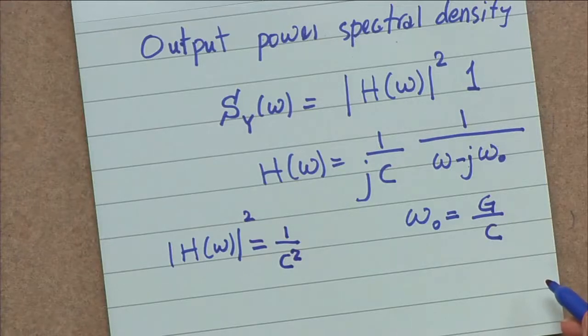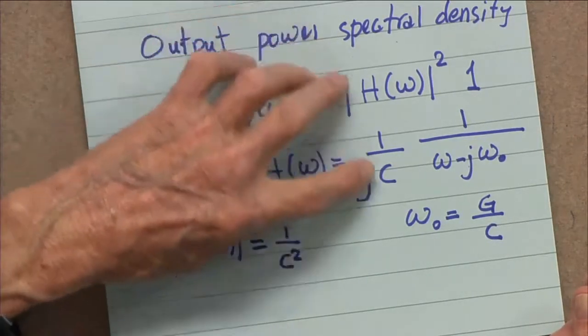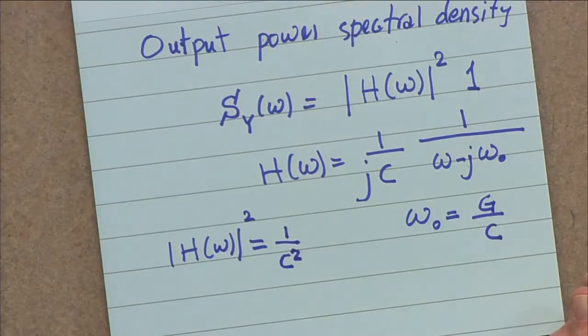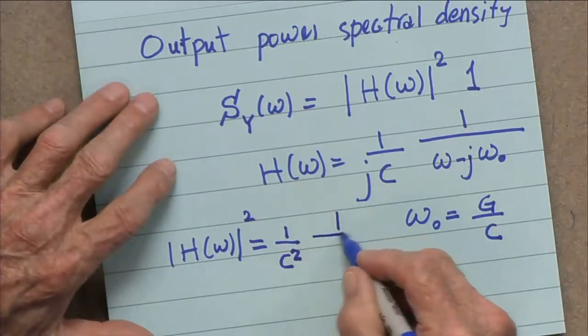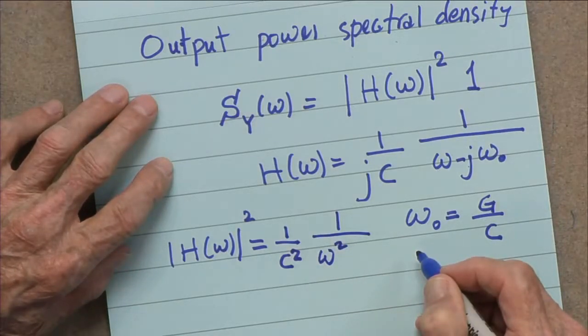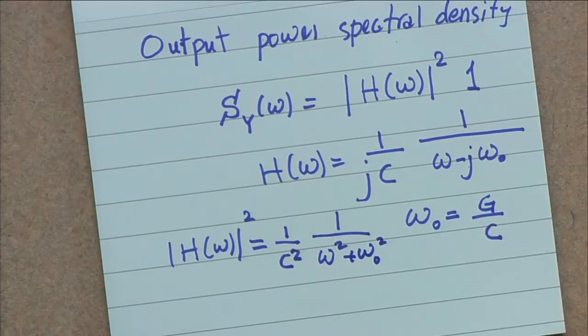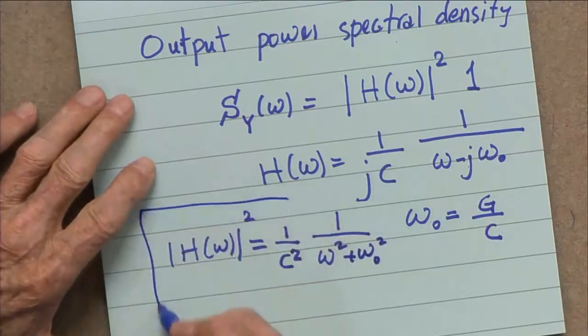What would you say is the answer? Well, I got 1 over C squared. We have to take the absolute value. Would you say it is omega squared plus omega 0 squared? Is that what you would say? So this is the transfer function.